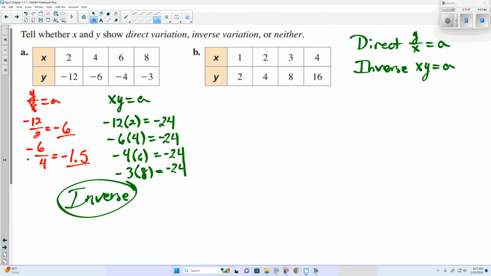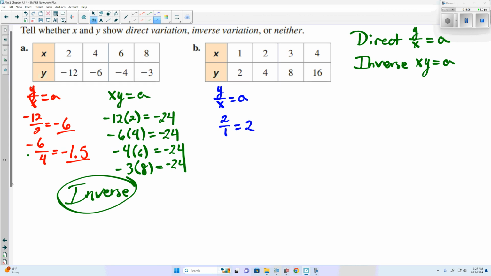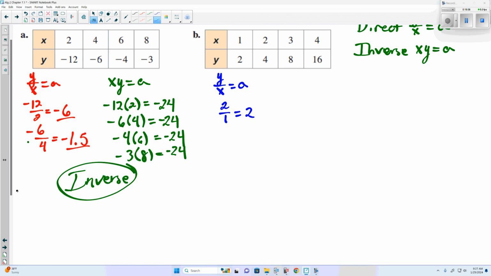We ready for letter B? Do we want to check direct or inverse first? Direct. So our direct is y over x is equal to A. And our first one we can do is 2 over 1, which is 2. From there we can move on to the next set of numbers, 4 and 2. So 4 over 2 is 2. So this is looking promising, yes?